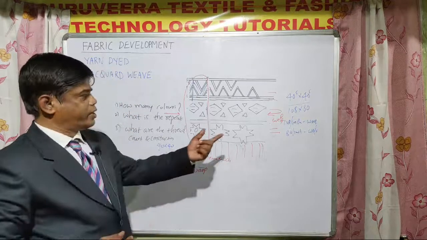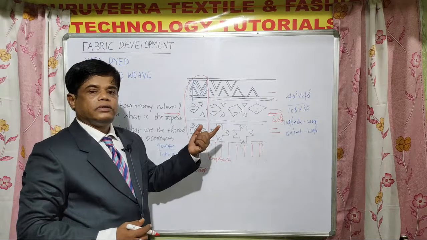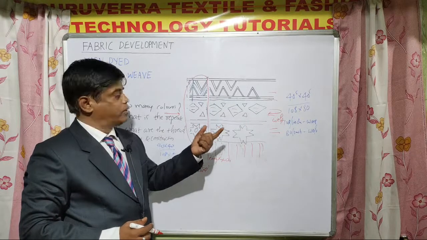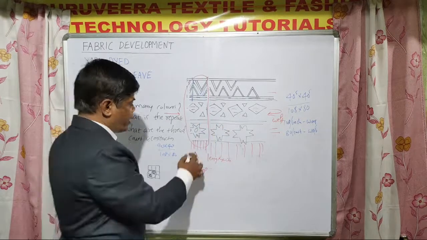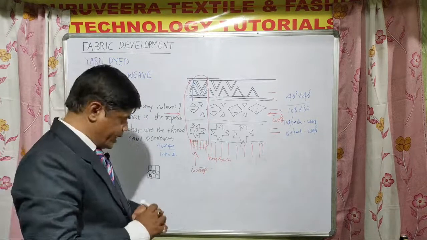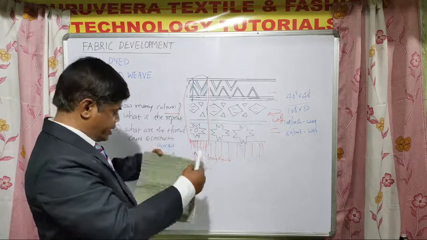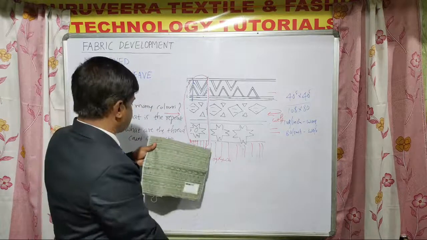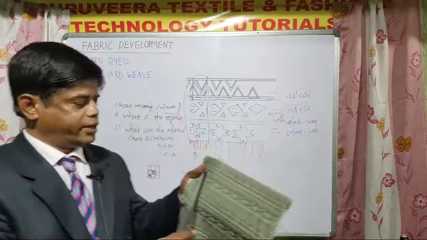The construction says 108 ends per inch. For 1 inch, 108 are there. See, friends, in this fabric we can take 1 inch here.